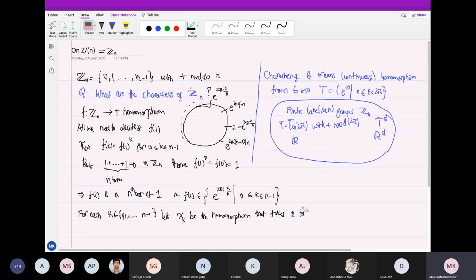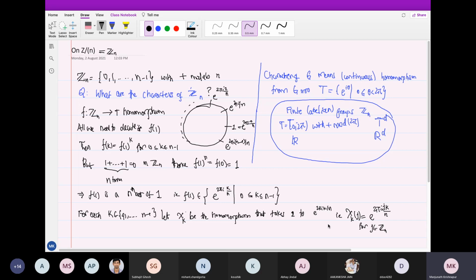So chi k is the homomorphism that takes 1 to e to the 2 pi i k by n. So chi k of j will be e to the 2 pi i k by n, raised to the power j, for j in the group, right?